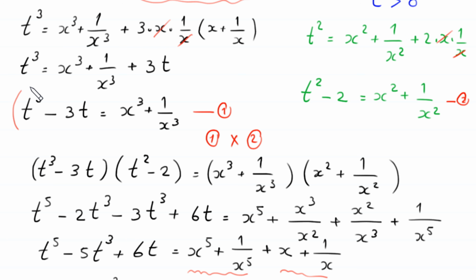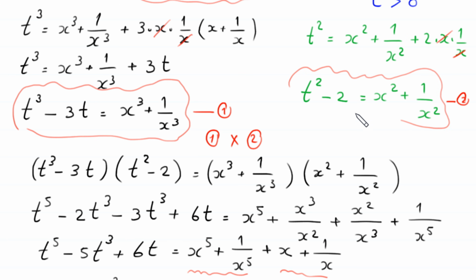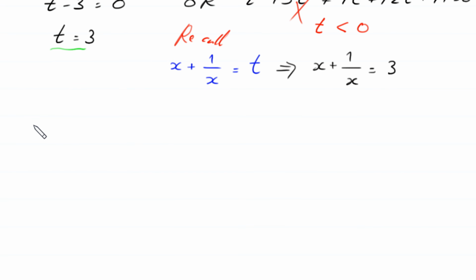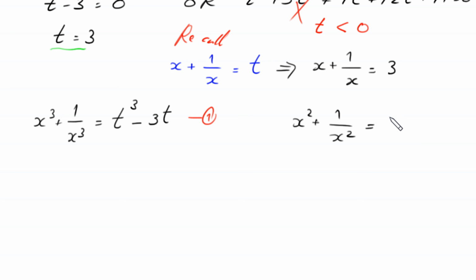Equation 1 is x cubed plus 1 over x cubed is equal to t cubed minus 3 times t, and equation 2 is x squared plus 1 over x squared is equal to t squared minus 2.